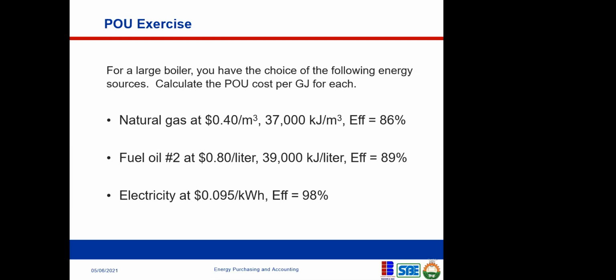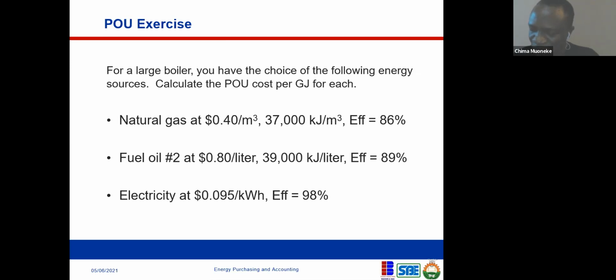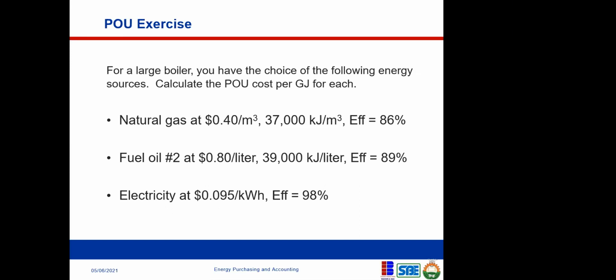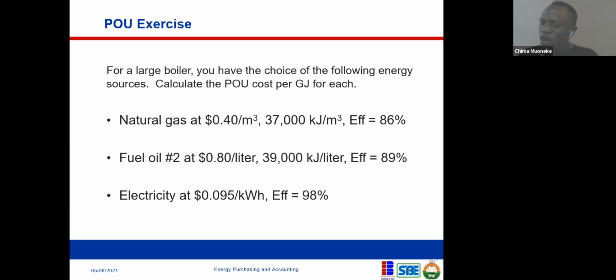If you've done that correctly, you notice that the meter cube will cancel meter cube, right? Kilojoule will cancel kilojoule, right? So you have only gigajoule left. So multiply everything on top and then divide it by the multiplication of everything below.